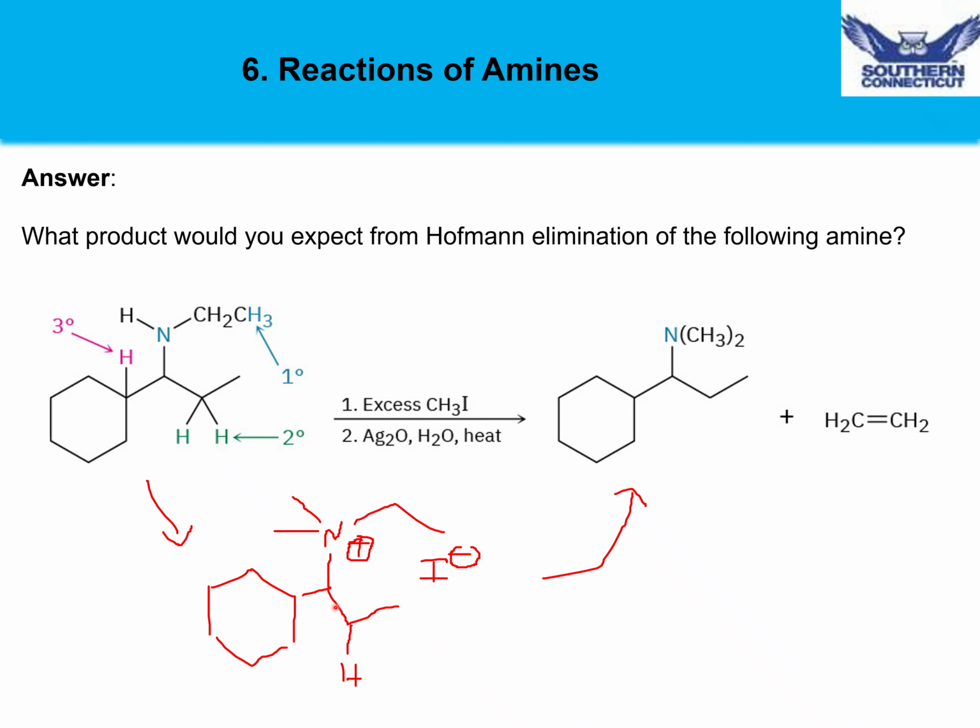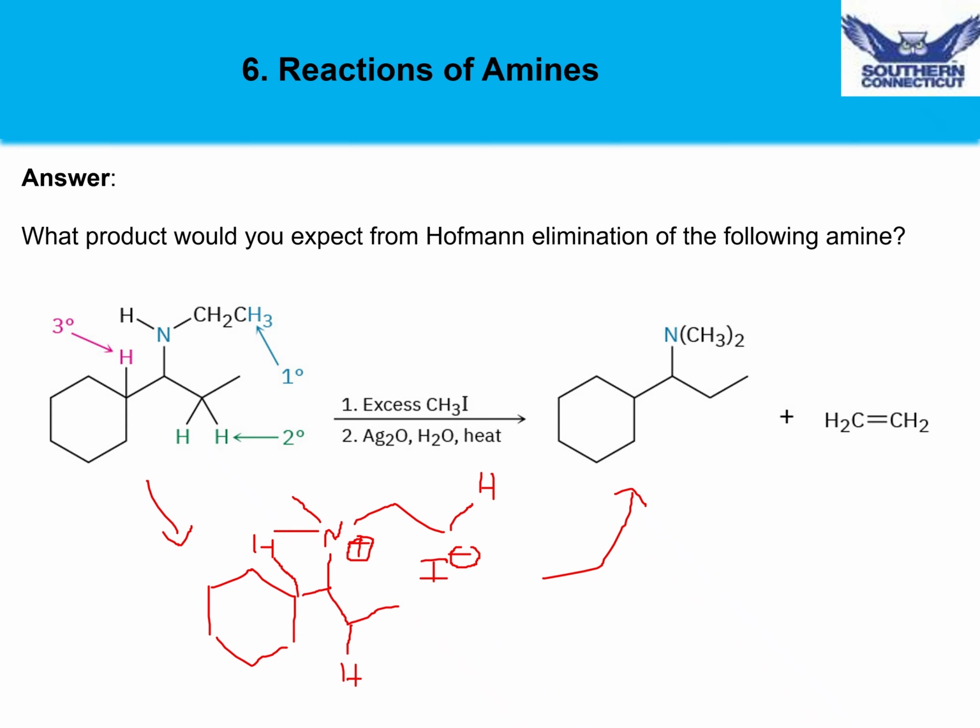If we go towards the cyclohexyl group, if this carbon has the nitrogen, we go to the next carbon, and we can remove a hydrogen from that carbon. Or if we go upward, here's the nitrogen. It's attached to this carbon, so we could potentially remove a hydrogen from the end here.